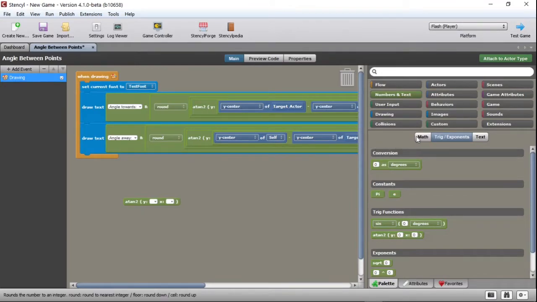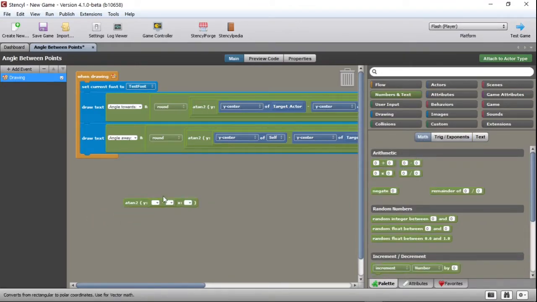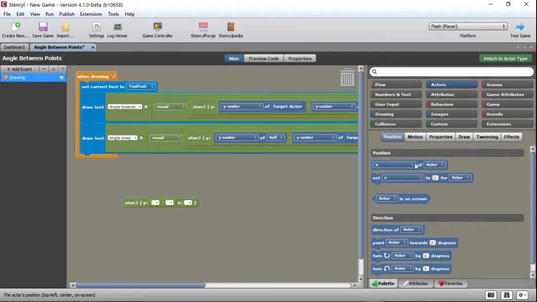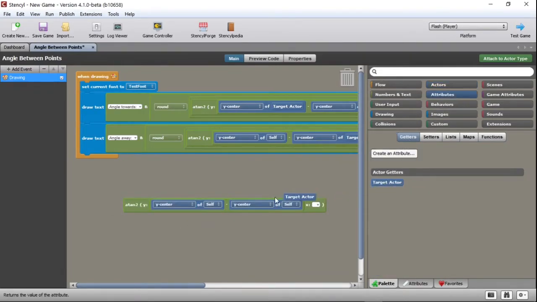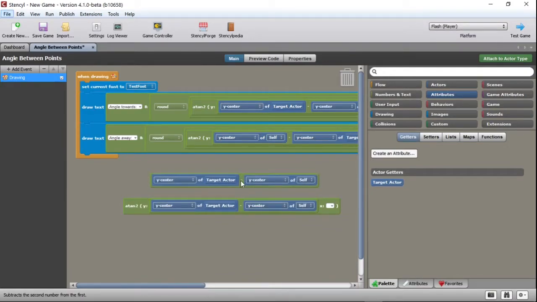For the Y point, set it to your target's Y center minus your origin's Y center. For the X point, use the X centers of your target and origin. You then convert the result into degrees.